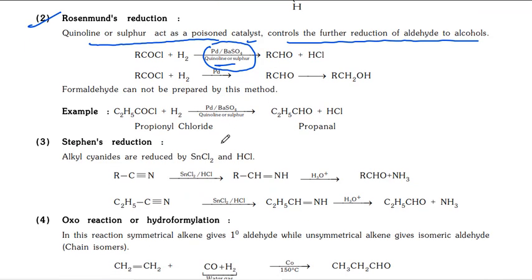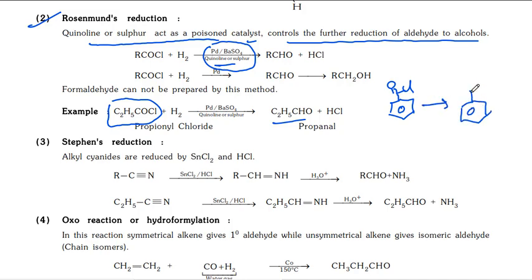So you can prepare any aldehyde, acid chloride to aldehyde, propionyl chloride to propanal. If you take benzoyl chloride, C6H5-C(=O)-Cl, benzoyl chloride to benzaldehyde also you can prepare by this method, Rosenmund reaction.